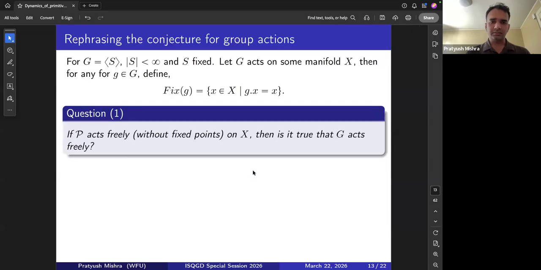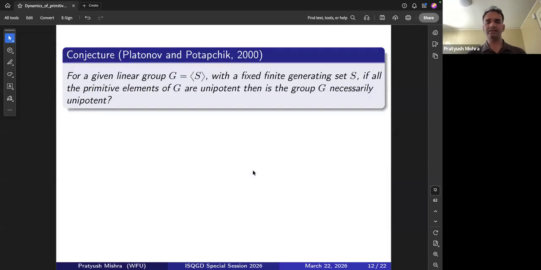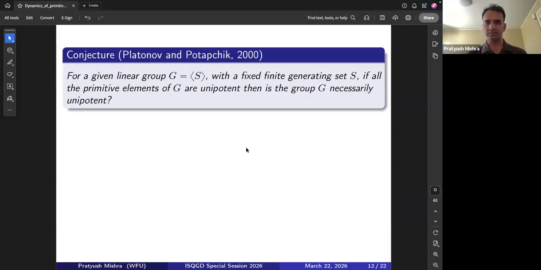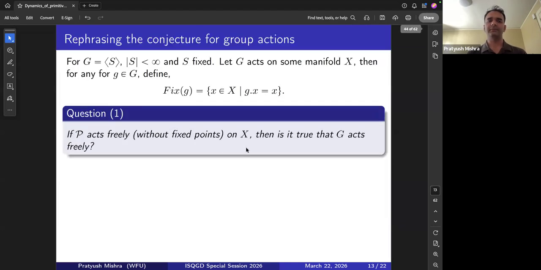So we basically rephrased this conjecture for group actions, to be more precise, and then we studied it for certain group actions. For instance, let's start with this group G with this fixed generating set S, and G acts on some manifold X. Then one can ask this question: if P acts freely on X without any fixed point, is it true that the whole group acts freely?